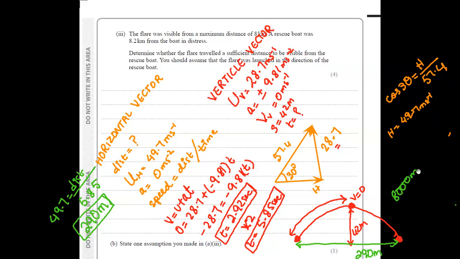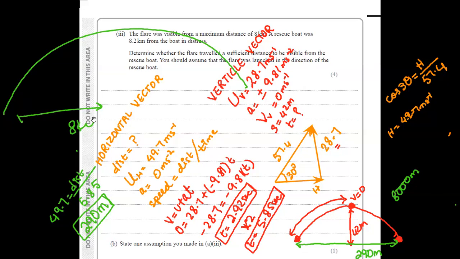So as you can see, maximum distance is 8 kilometers, meaning that if the flare is still up in the air, or if the flare is traveling less distance, the maximum distance is 8 kilometers, meaning that if the flare is traveling more than 8 kilometers, it will not be seen.